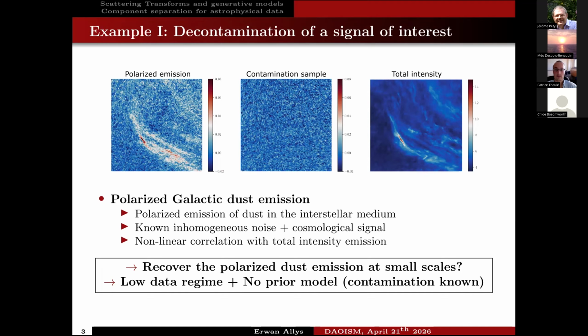For cosmic microwave background, the important question is: to what point can we have a good reconstruction of the polarized emission from the total intensity image and its knowledge? We are in a regime where we don't have a lot of data, basically only this square patch, and no one can give us a good model of the polarized emission.